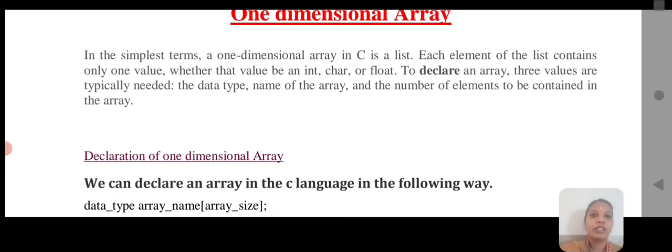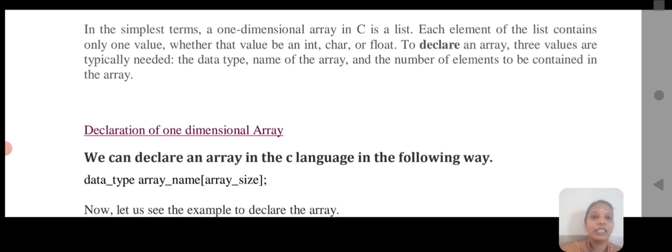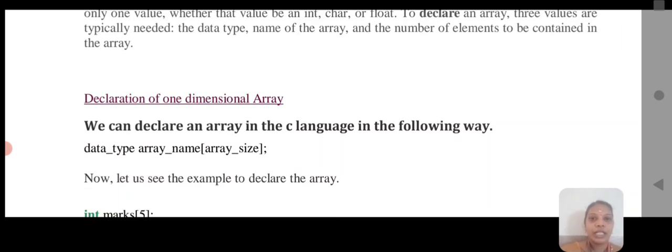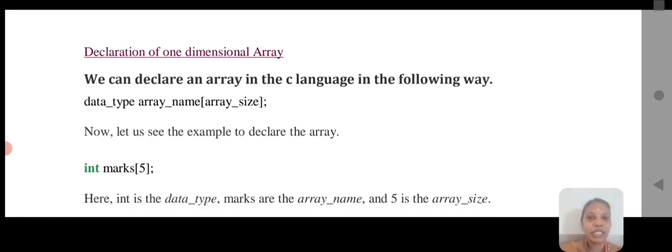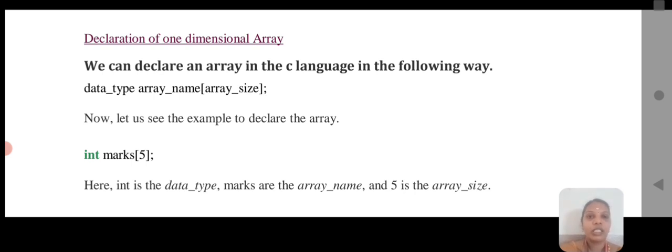How do we declare a one dimensional array? We can declare an array in the C language by using the data type, the array name, and in square brackets the size of the array. For example, if we have to get marks from students, the mark value is defined as an integer. So first we put the data type as int, then the array name, which must be an identification chosen by the user.